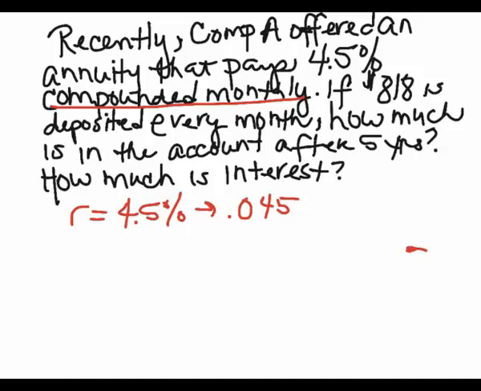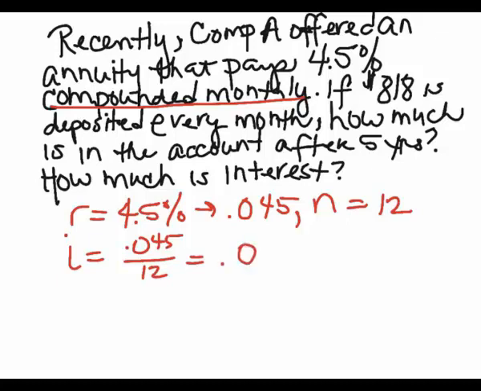So can't you find I now? Because you know your rate and the number of times compounded. So you know that R is 0.045 divided by 12, which is what we did earlier in this lecture. So I is going to be 0.00375.